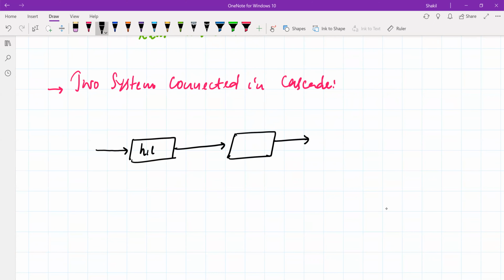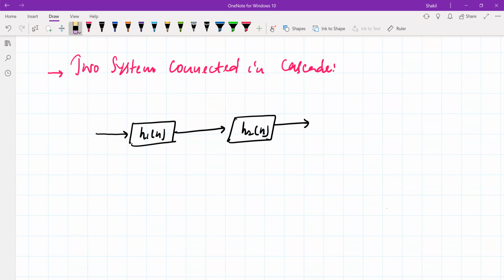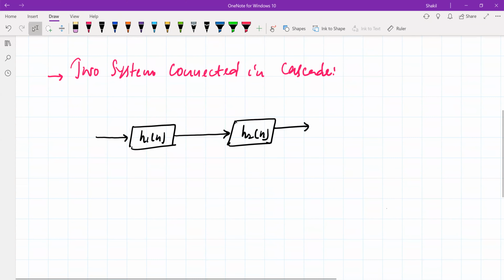If the impulse response of this is h1 of n and the impulse response of this is h2 of n, how can we write the overall impulse response of the system? Let's say x of n is the input to the first system.